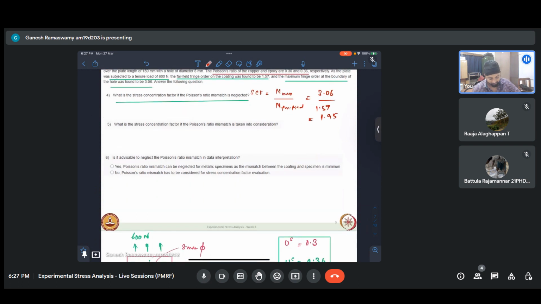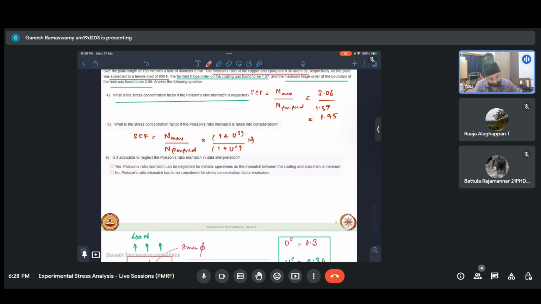And what is the stress concentration factor if the Poisson's ratio mismatch is taken into consideration? In such a case, it is also given in the lecture that this would be defined by N far field into 1 plus mu s upon 1 plus mu c.